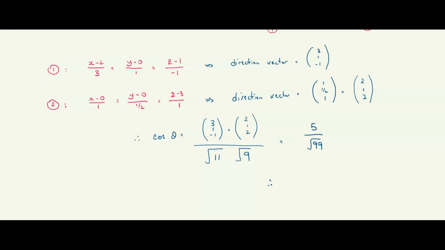So therefore theta is going to be equal to arc cos of 5 over root 99. Now we can answer in degrees or radians, whatever we like.